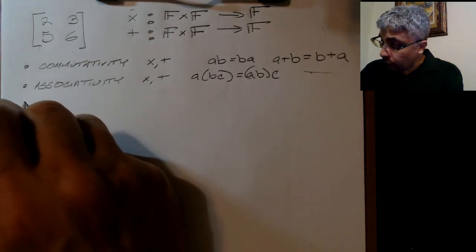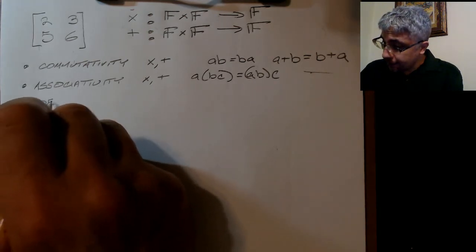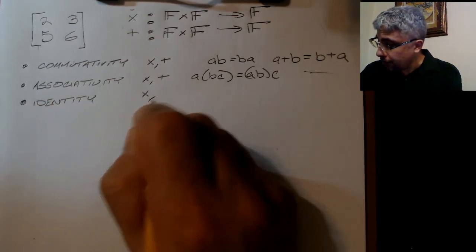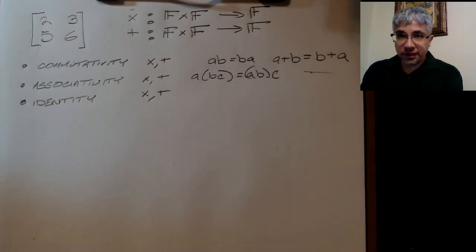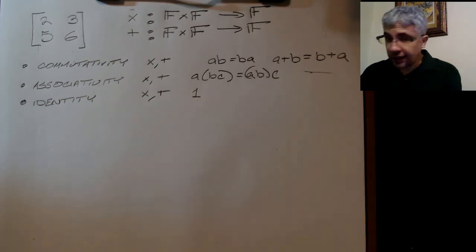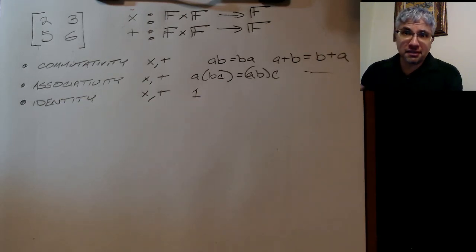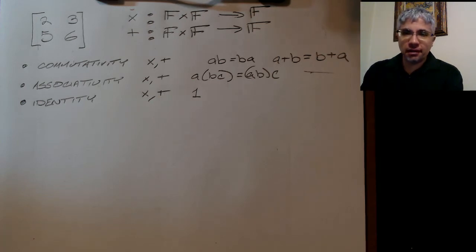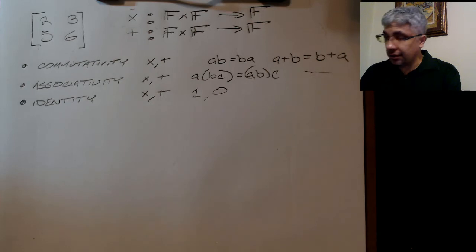What else do we want? Well, we want identities for both. So, for example, 1 is the standard name, not always, but the standard name of the multiplicative identity, something where if you multiply it by 1, you get the element back, whatever that element is, or 0 for our additive identity.